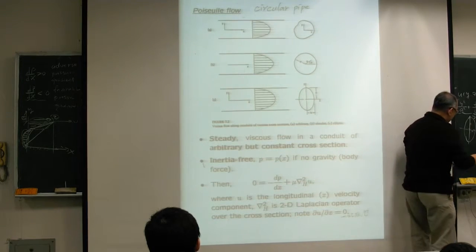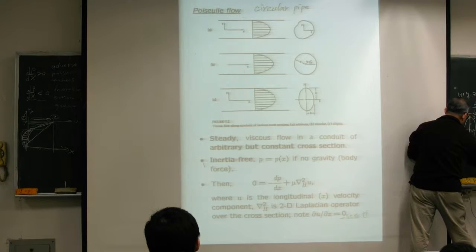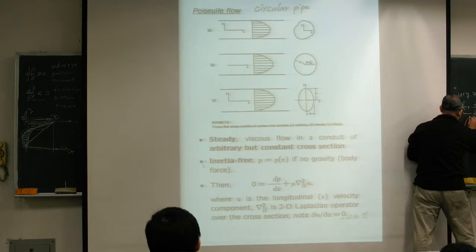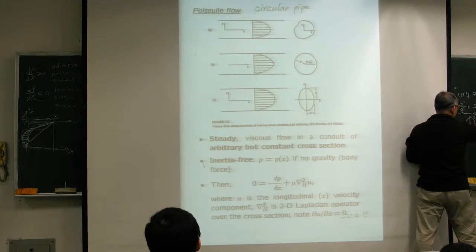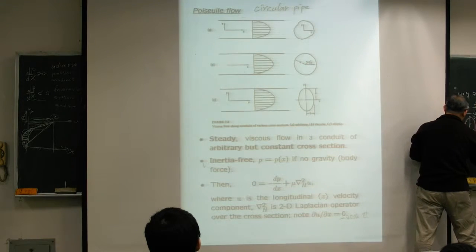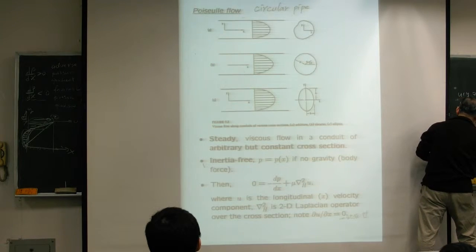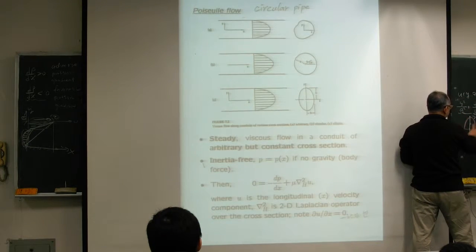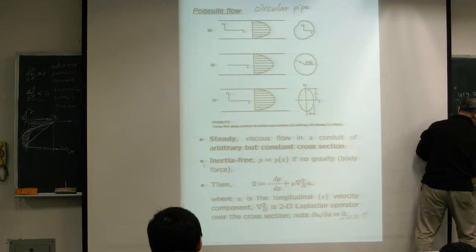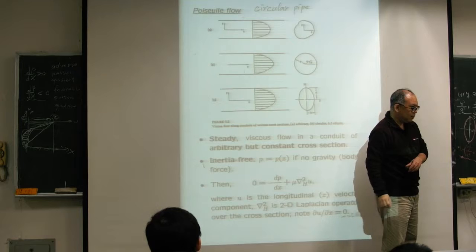So on the surface, we have to satisfy this boundary: 1 minus y squared over a squared minus z squared over b squared should be equal to 0. Every point on the surface should satisfy this.